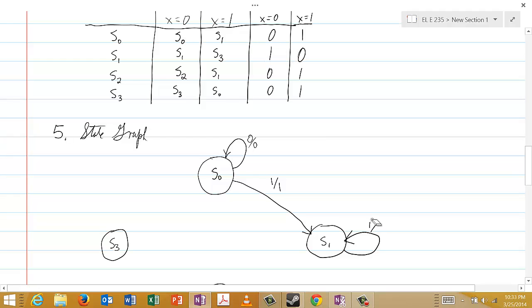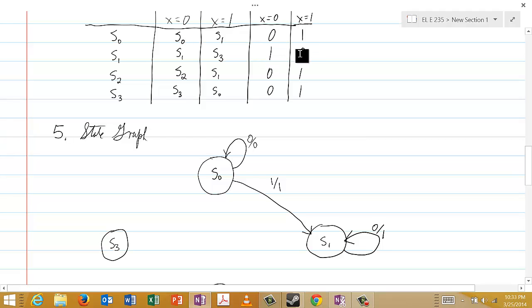And this should be 0 here. So again, this upper number is the input. So the input of 0 will send us back to S1, and the output will be 1. Okay, here you see the input is 0, sends us back to S1, and the output is 1.